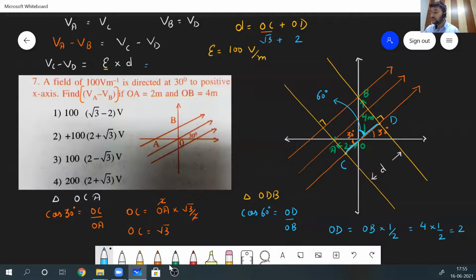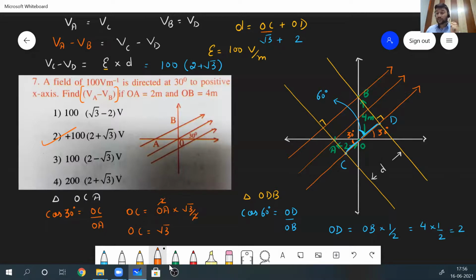So VC minus VD will come out to be 100 times (2 plus root 3). So this is VC minus VD, and definitely this answer is going to be VA minus VB. Now is there an option which matches this answer? So this is the second option, that is 100 (2 plus root 3).